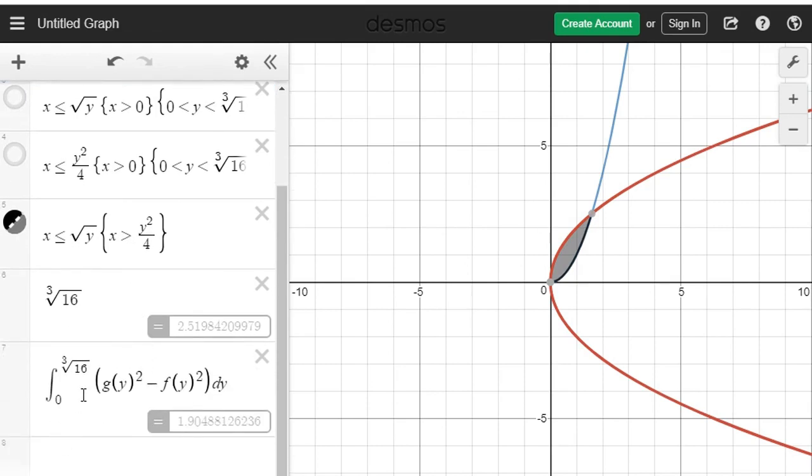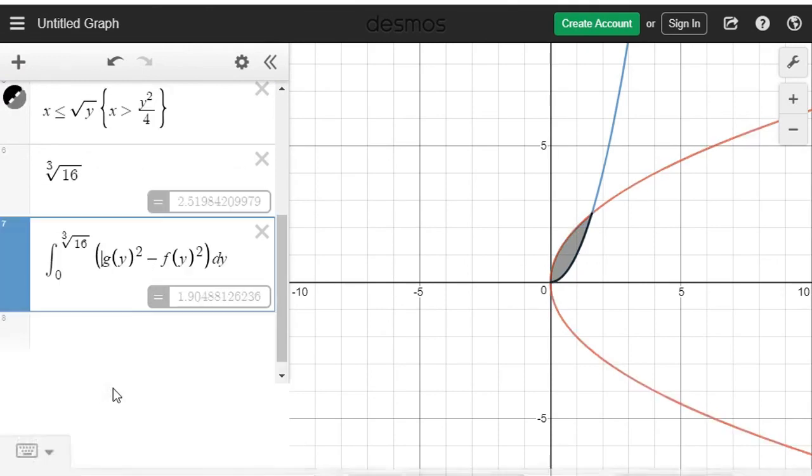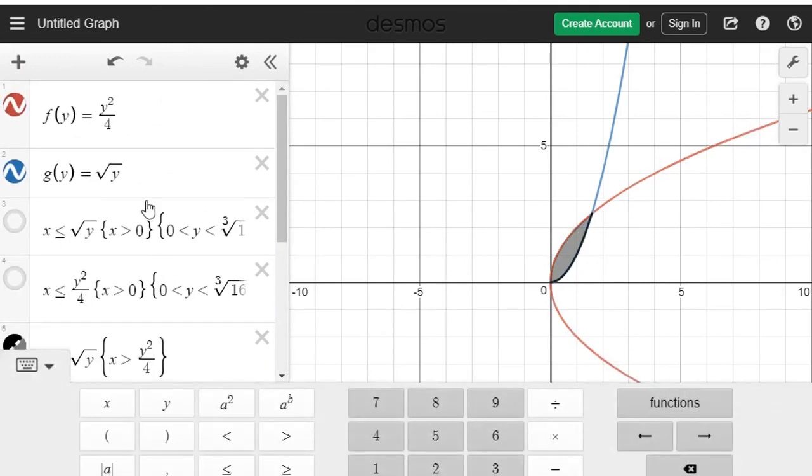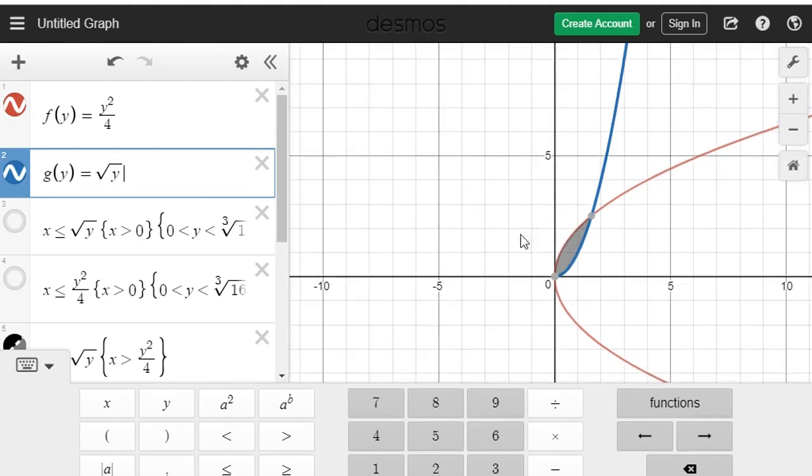But in order to find that volume, what I'm going to do is take the big radius squared, and the big radius is going to be g of y because that's my furthest curve out from the y-axis. So from the y-axis all the way out, my biggest radius is the blue one.